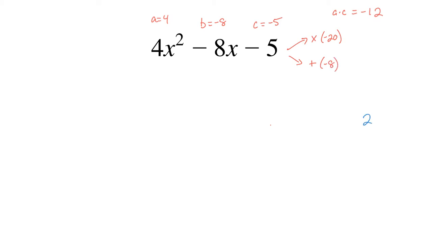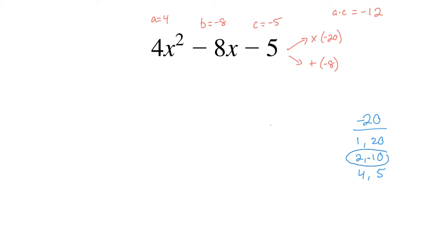So we need factors of negative 20. So we got 1 and 20, 2 and 10, 4 and 5. And one of the numbers in these pairs has to be negative, the other has to be positive. So if we have a negative 10 and a positive 2, well, negative 10 plus 2 is negative 8.